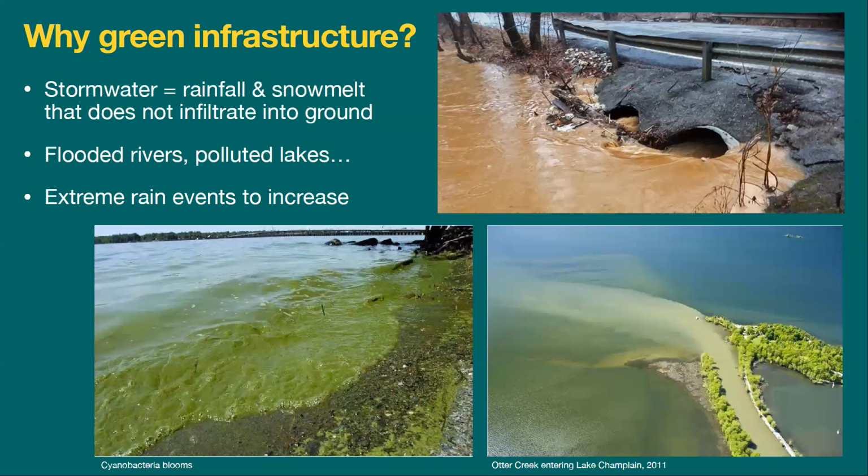So there's a lot of sediment, there's salt from being spread in the winter. There is dog poop, there are maybe fertilizers, all this stuff that is on our landscape is getting washed into our rivers. And it's also increasing peak flows of rivers.